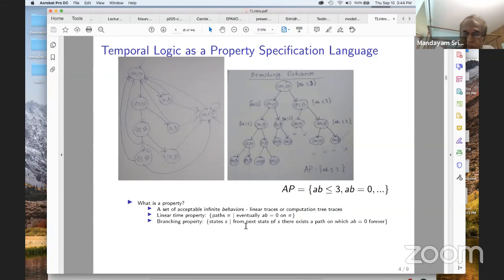What it says is, from a next state of S, there should exist a path on which AB is equal to 0 forever. Okay?